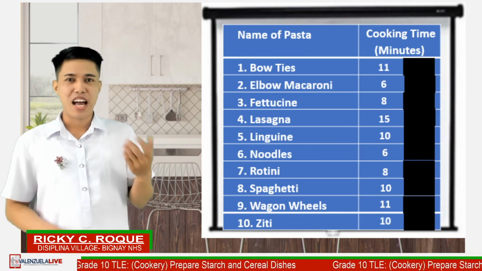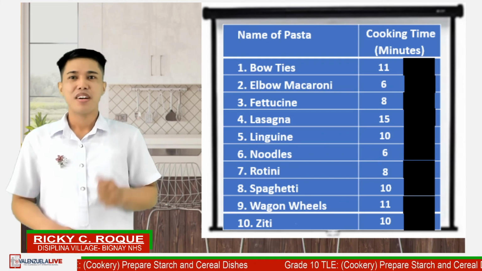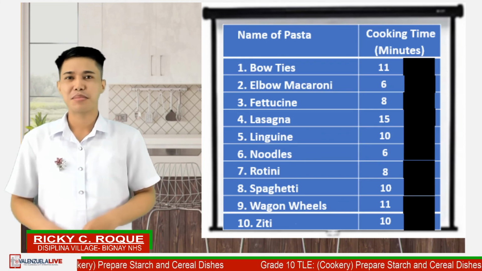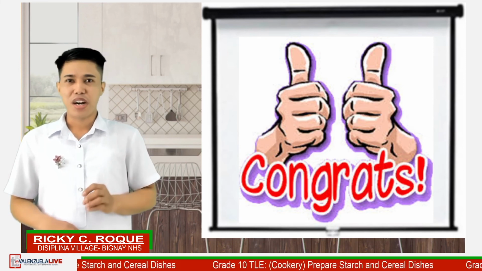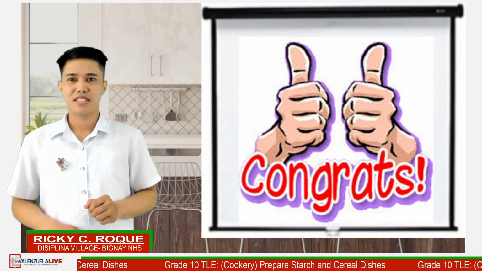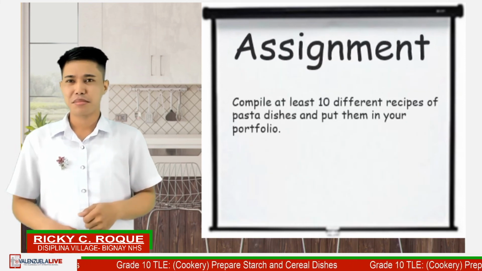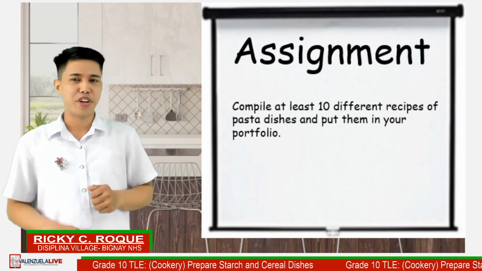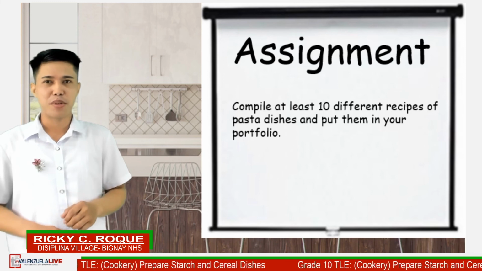Wow, it has 10 minutes cooking time. Congrats! I hope you perfected our practice or our activity today. So for your assignment, compile at least 10 different recipes of pasta dishes and put them in your portfolio.